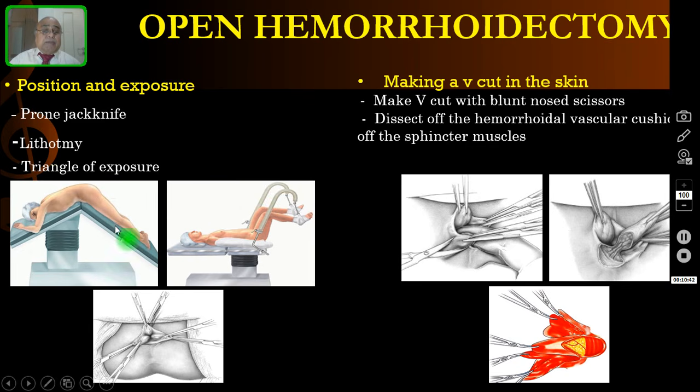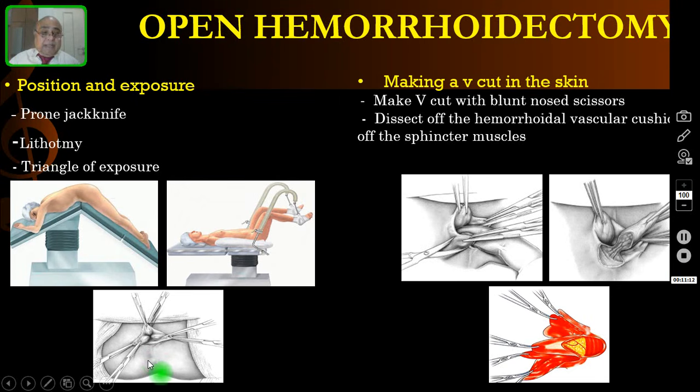And then after putting the patient in either of these positions, you have to do what is called the triangle of exposure. That is, you have to catch the mucocutaneous junction at 3, 7 and 11 o'clock positions with a hemostat, and then you have to retract it laterally so that the internal hemorrhoidal plexus will be exposed at 3, 7 and 11 o'clock positions usually.